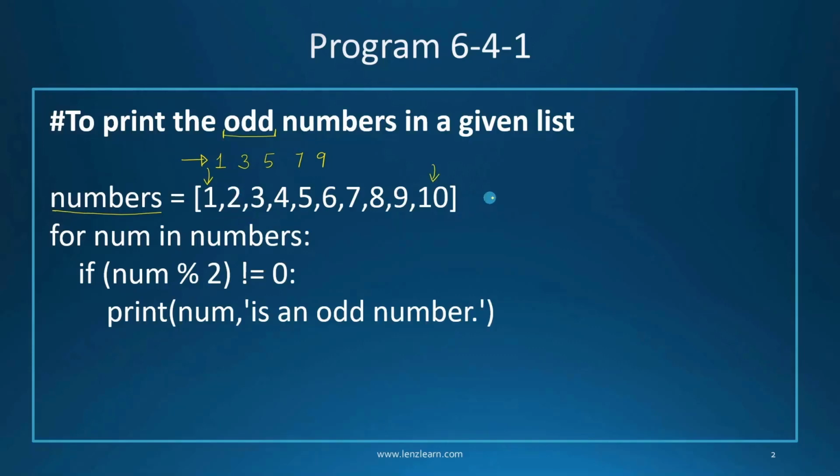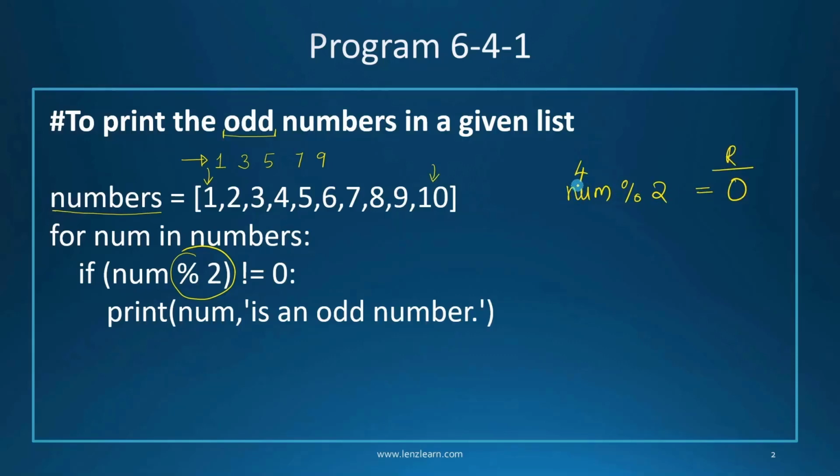When you get a program like this, either to identify an odd number or to identify an even number, always remember this part: modulo division with 2. So for example, let us say I have a variable num modulo 2. Now assume that the value of num is 4. So that's an even number. Now when you modulo divide 4 by 2, you can see the remainder is going to be 0.